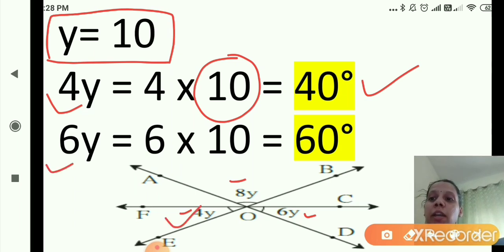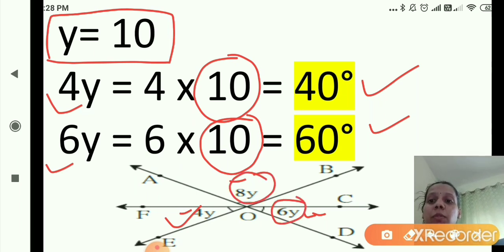Next 6y is given, correct? So 6 multiplied by 10, y we know, that is 10. So 6 multiplied by 10 is 6 tens are 60, correct? So this is 60 degree. Understood? Once we get the value of y, we will put this value in the measures which are given in the figure, that is 8y, 6y and 4y. Now here we got 4y is equal to 40 and 6y is equal to 60.